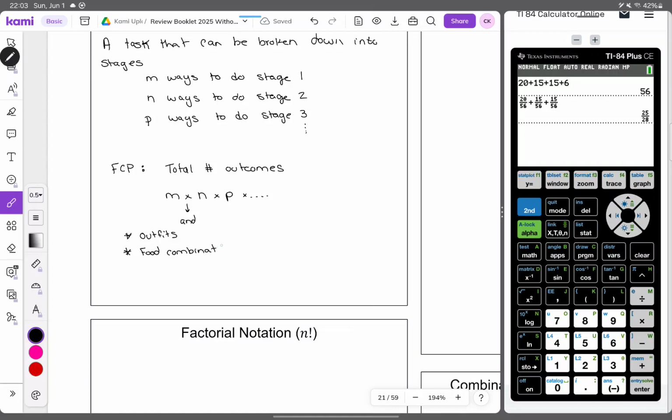So maybe I have to choose an appetizer, an entree, a dessert. Maybe I have to make a sandwich. Maybe I have to choose a cookie, a meal, and a drink. Those are all your fundamental counting principles.